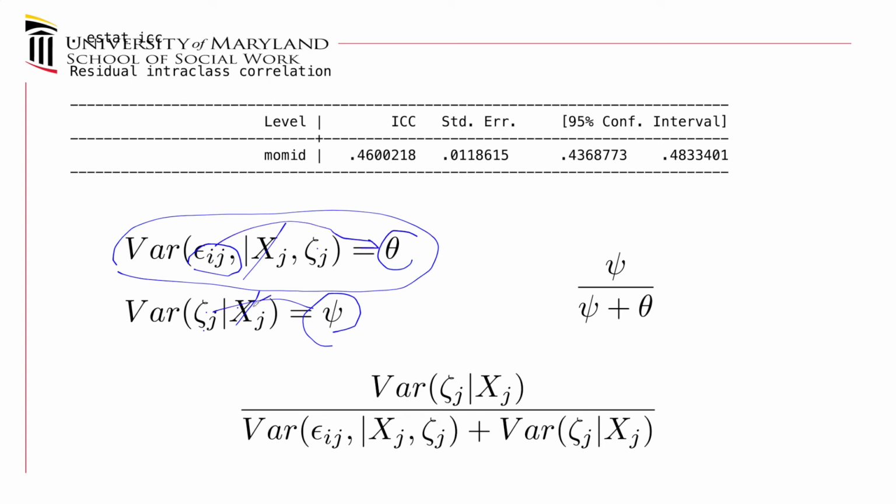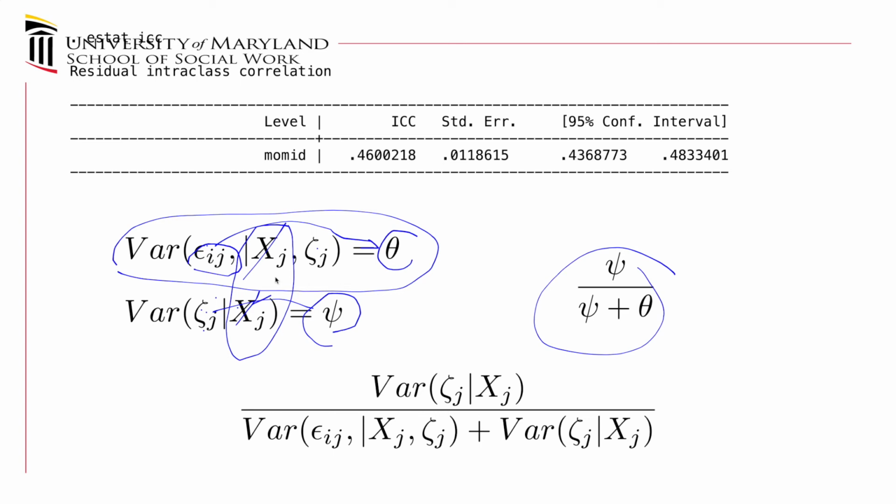But when we do have x's, that conditional statement matters. And so now the interclass correlation is no longer just the variance of the within and between, but it's the variance of the within and between with the variability that is contained in the x's taken out of them. So this is the residual variance, right?